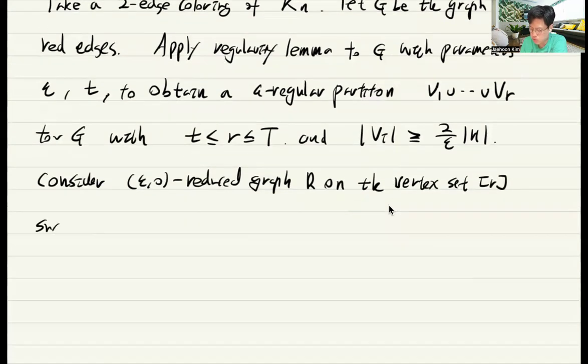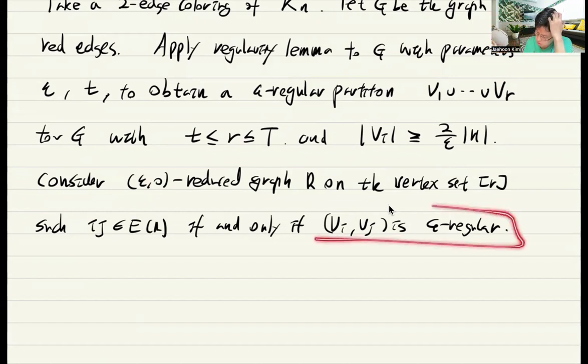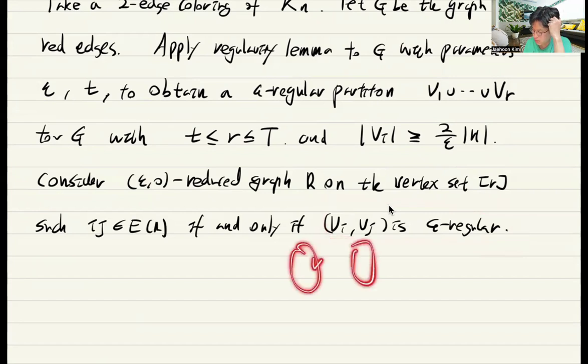In that case, ij is an edge in R if and only if B_i and B_j are epsilon-regular. Because here we put 0, it means that we don't care about density. It's epsilon-d regular, but even if d is 0, it's fine. If they are an empty set, still it's fine because they are epsilon-0 regular. So if there are no edges at all between B_i and B_j, then ij is connected in R.